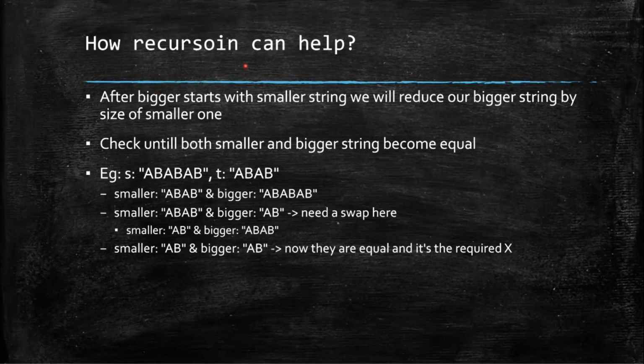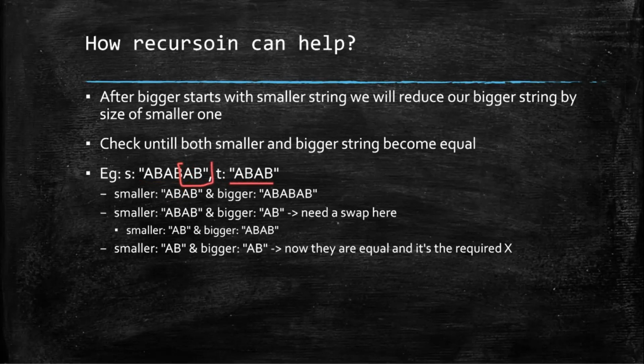So how can we take help of recursion for solving this question? After checking that the bigger starts with the smaller string, we can reduce our bigger string by the size of the smaller one, as I have shown earlier. This ABAB prefix can be removed from here. Now this will become AB and this will become ABAB.